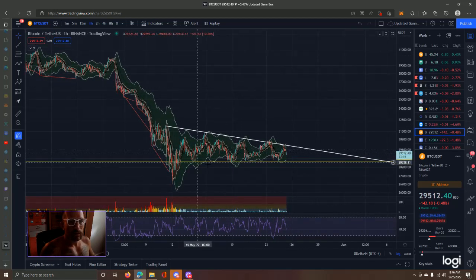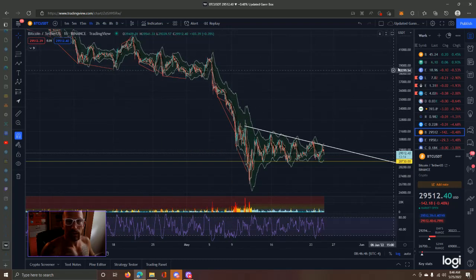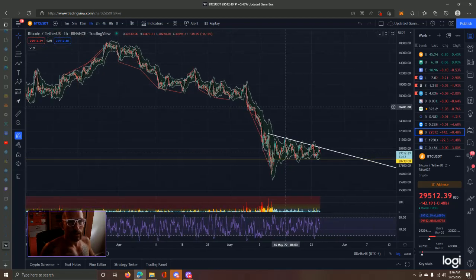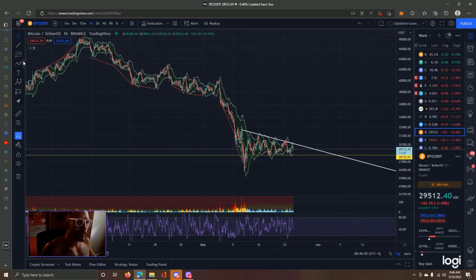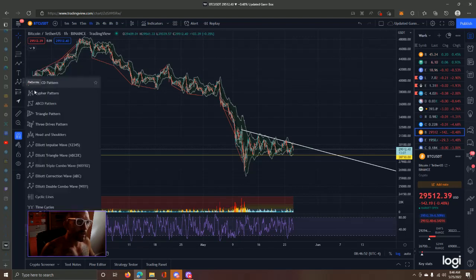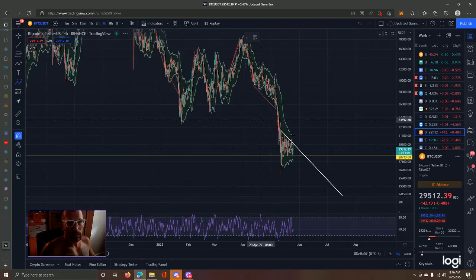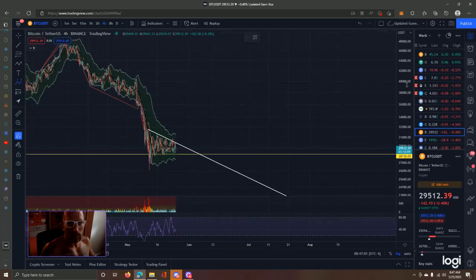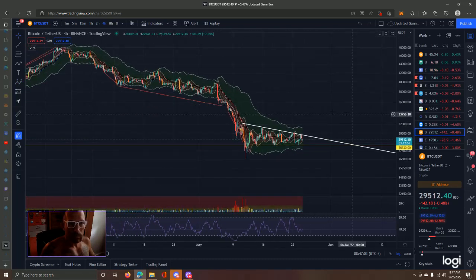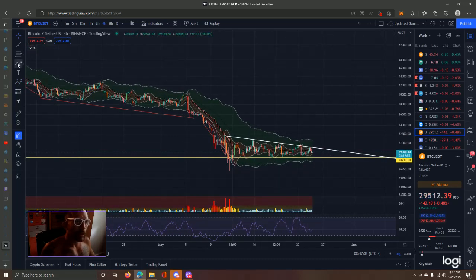is that, well, this is clearly a corrective pattern, right? So if we look at this and we count, let's count an Elliott here. I've got to put this on 4 hour or something just so that I can draw. Okay.